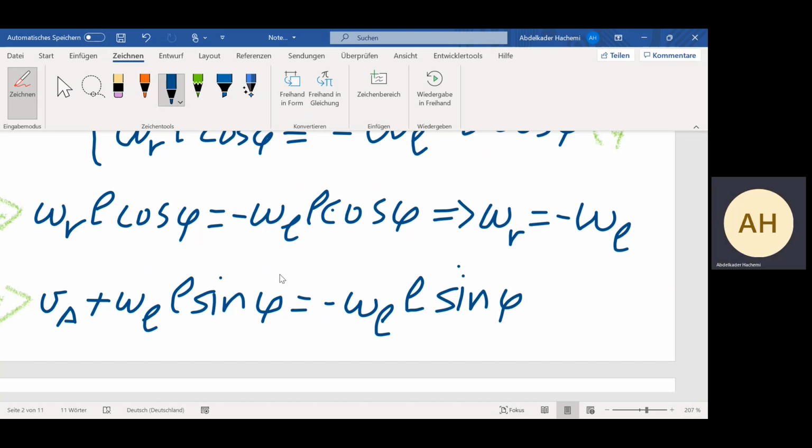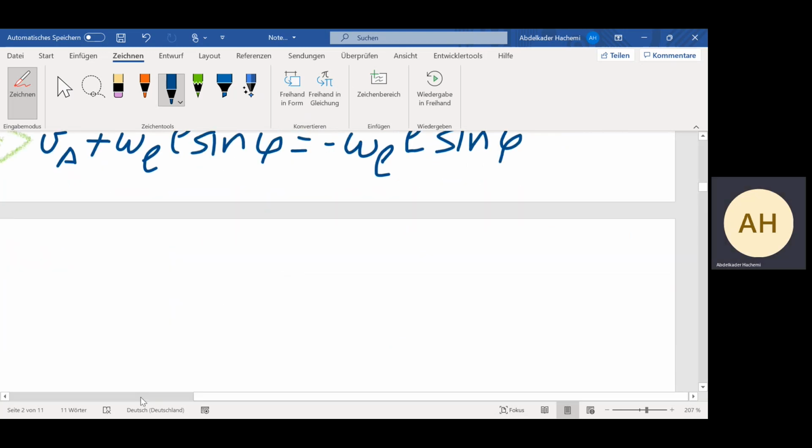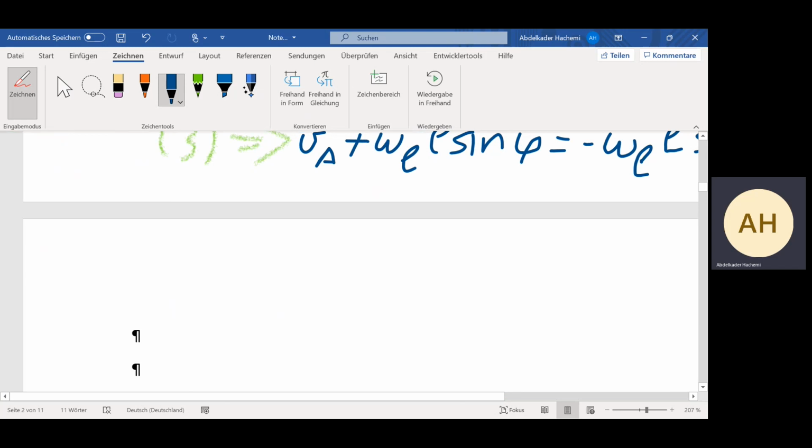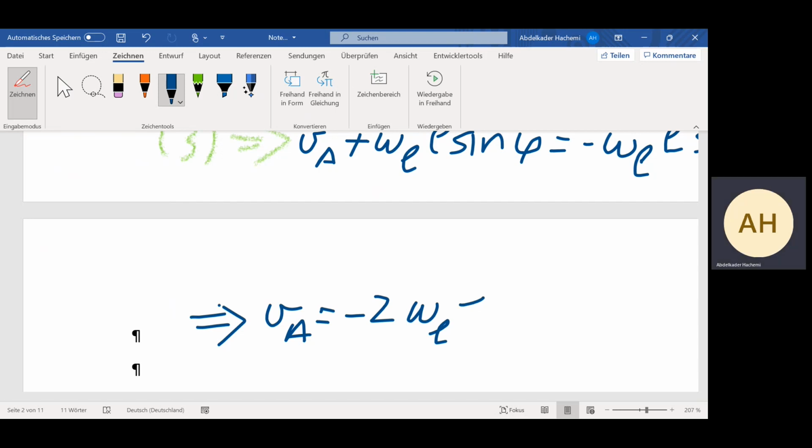Then what we get here is that VA is equal to minus 2 times omega L sine phi.